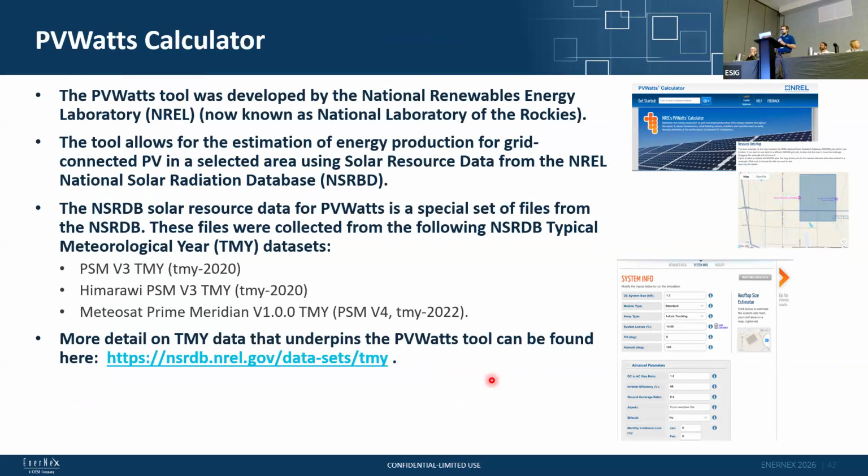And so next, to do some of the PV modeling, we used this tool called PVWatts from NREL. They're now known as the National Laboratory of the Rockies. But it's a pretty cool tool because you can input a lot of the information, like system characteristics of the PVs. So DC to AC ratio, what's the capacity, single axis tracking versus fixed tracking. There's a whole bunch of options.